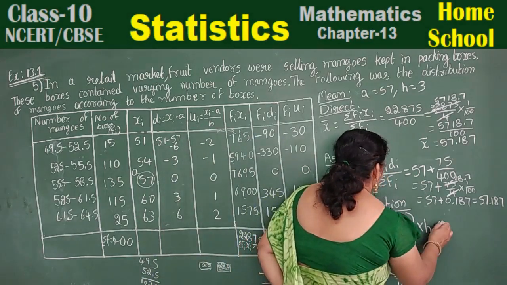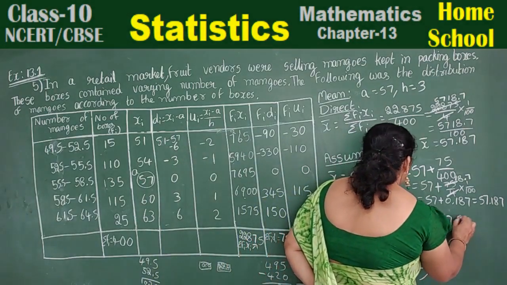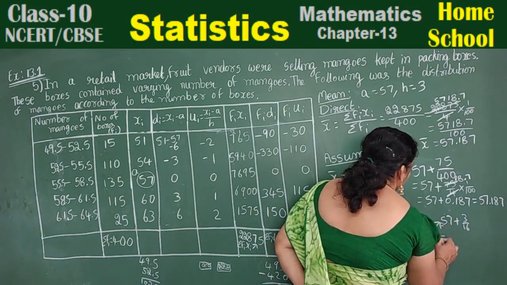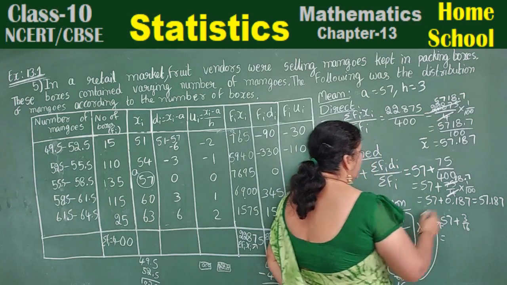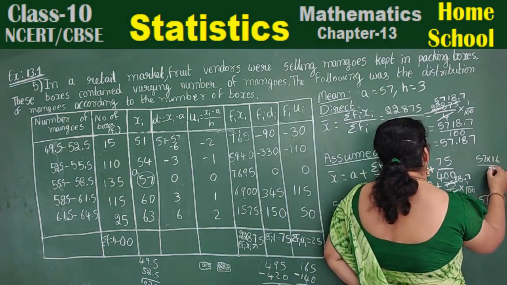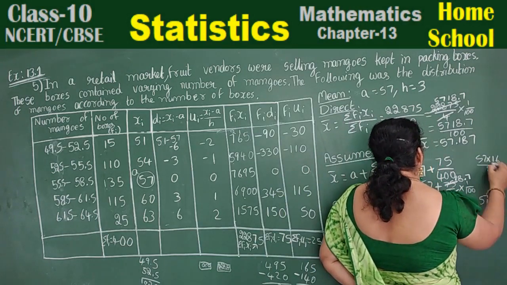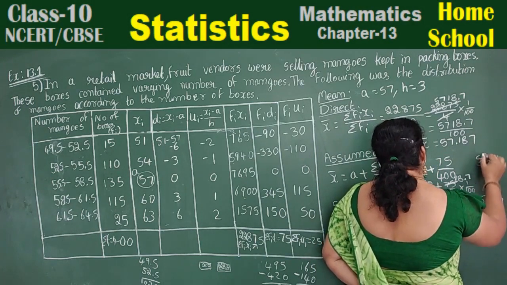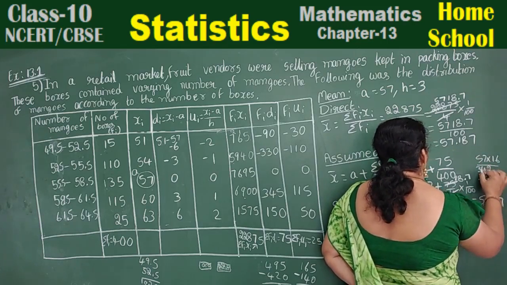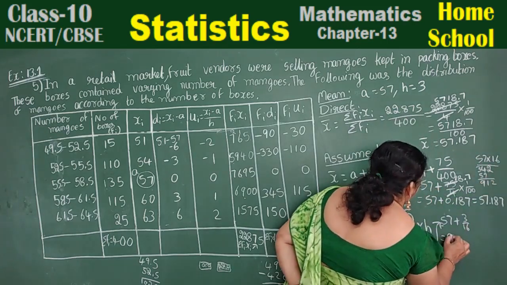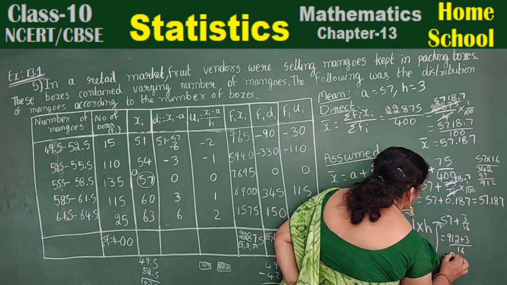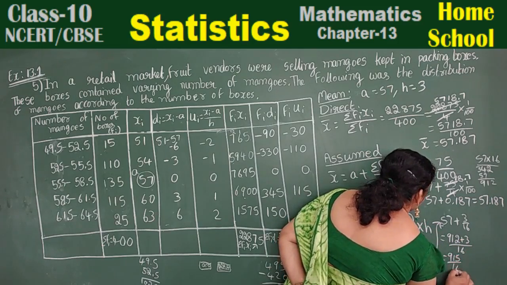Now look here, let me calculate here. 57 plus 3 by 16. Let us do the LCM here. 16 into 57 is 912. 912 plus 3 by 16 will be 915 by 16.